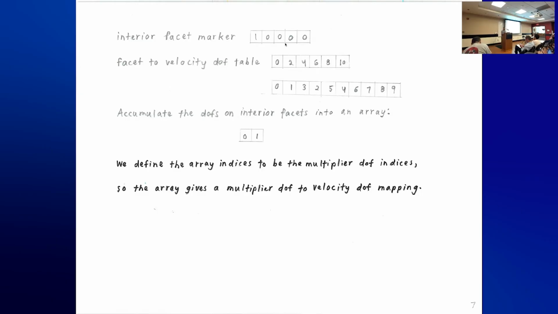For this simple example, there are no other interior facets, but if we imagine this were larger, we go 0, 1, 2, 3, to the third place, and then we move over in this array to find what the actual DOFs are. We define the array indices of this array to be the multiplier DOF indices. So this array gives us a multiplier DOF to velocity DOF mapping.